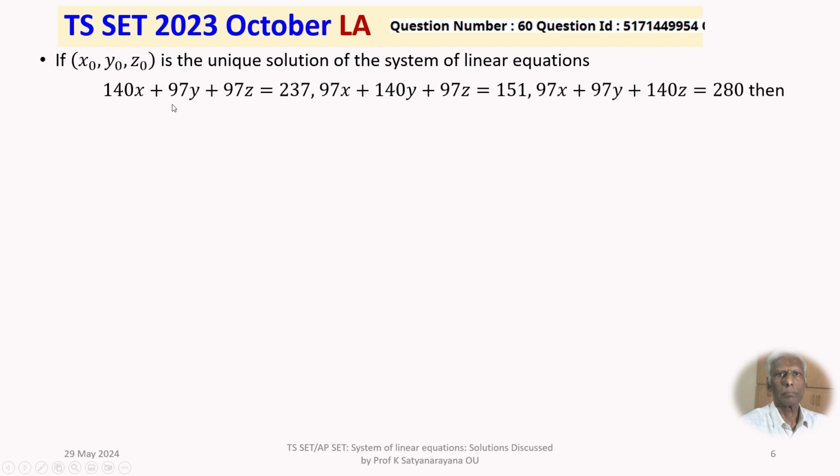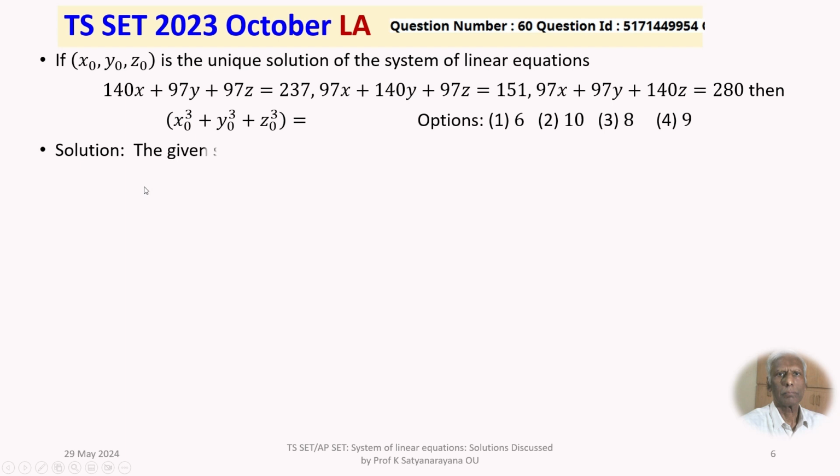That means we are given 3 equations in 3 unknowns, and it is a non-homogeneous system. Then x0 cubed plus y0 cubed plus z0 cubed is equal to, and we are given 4 options. That means if this system admits a unique solution (x0, y0, z0), then the sum of their cubes is equal to one of the 4 options.